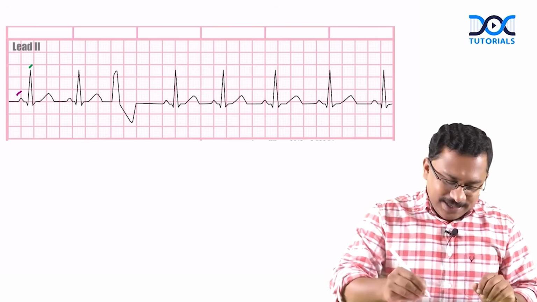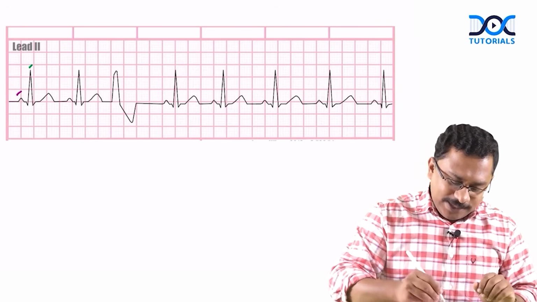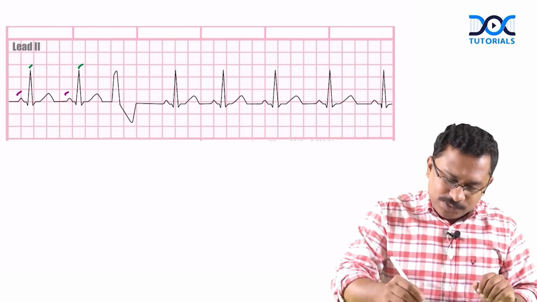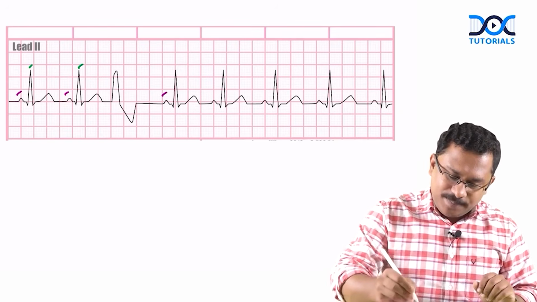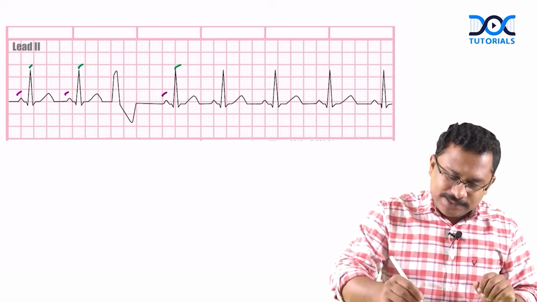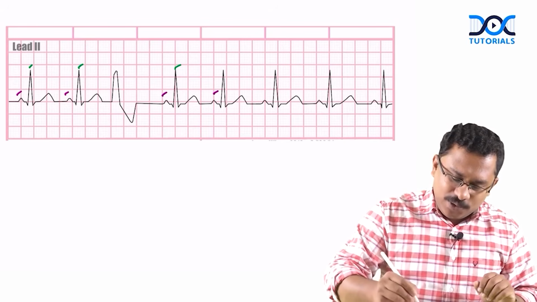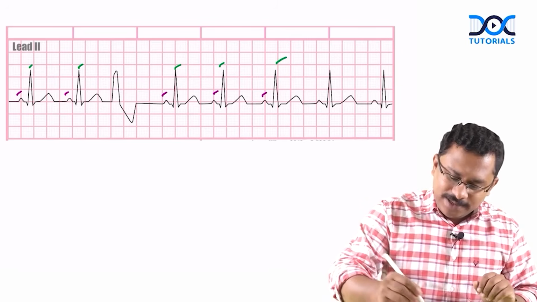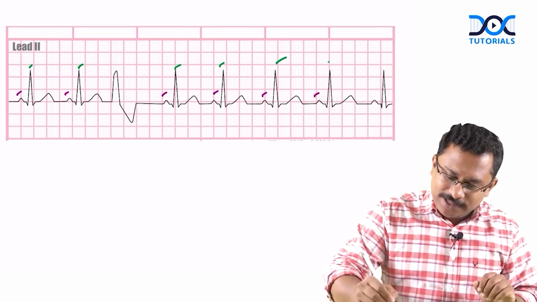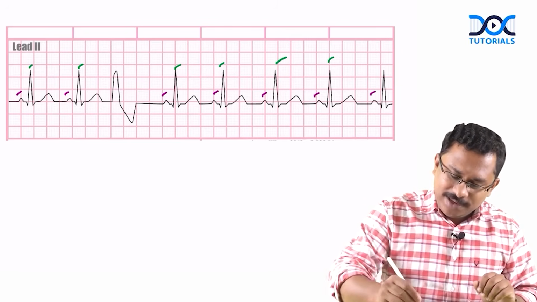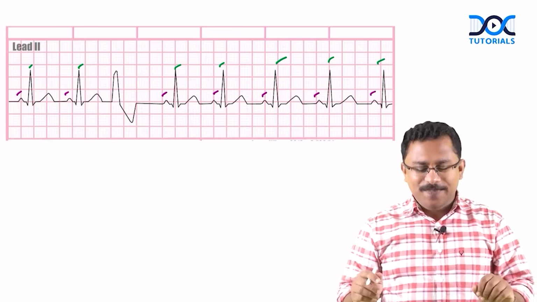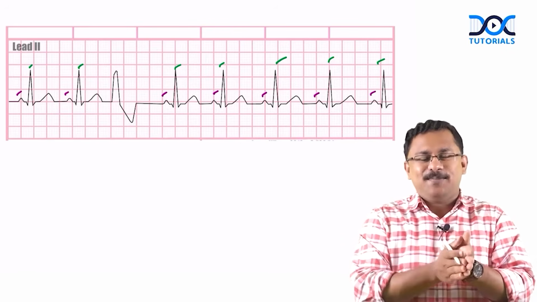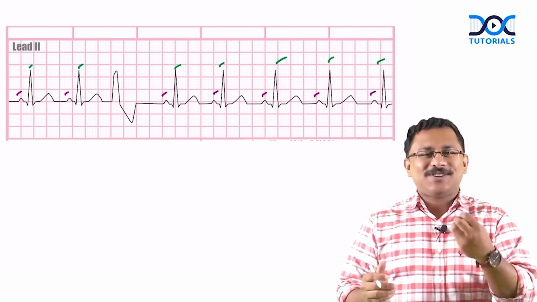P, QRS, P, QRS. Then there is no subsequent P. Here there is a P followed by QRS, P, QRS, P, QRS. Again P, QRS, P, QRS. So if you ask me this question, is each P wave followed by QRS complex here?